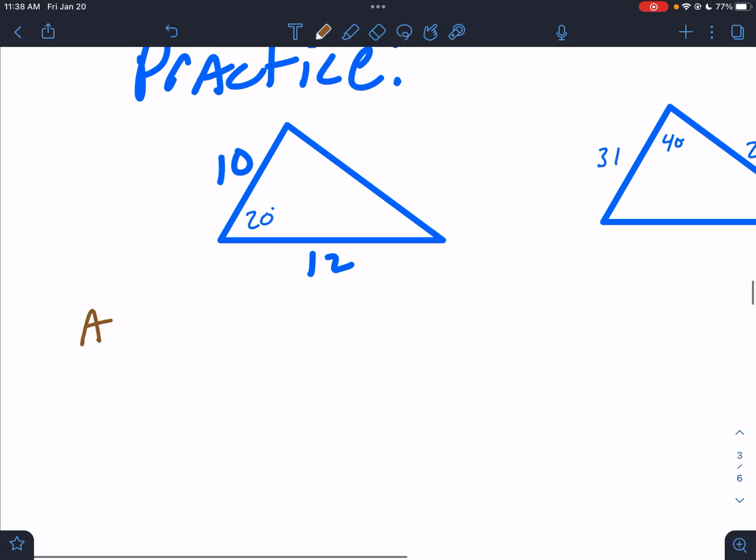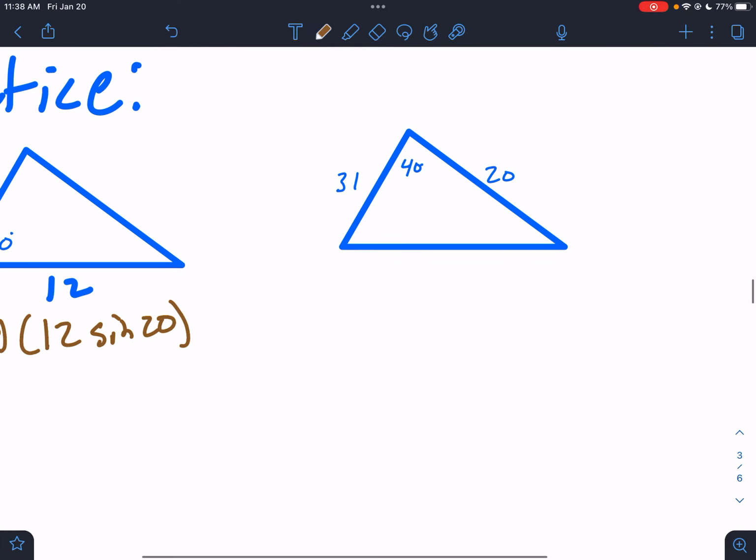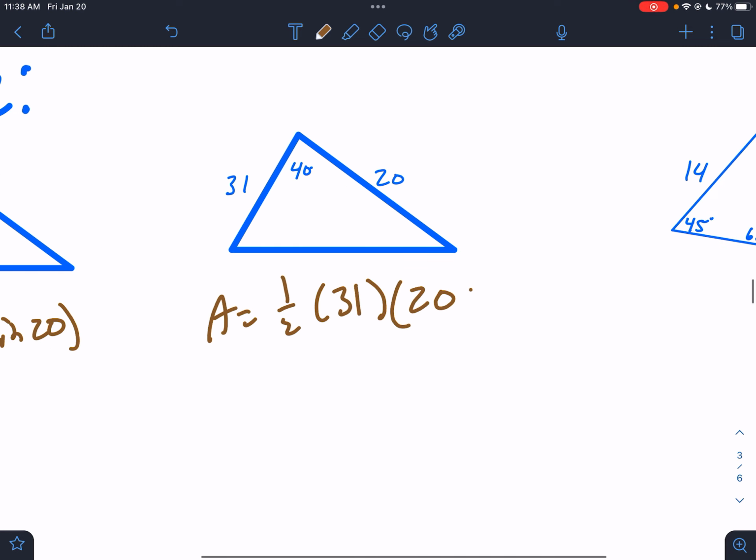Are you guessing? 10, 12, 20. Take a guess before I write it. 31, 20, 40. These are the right answers.